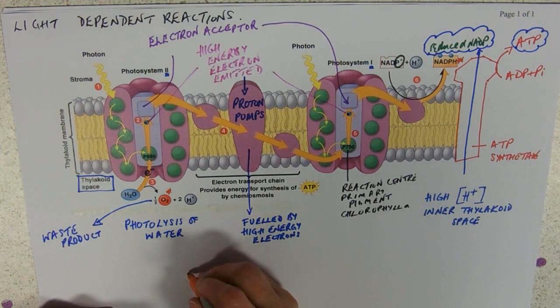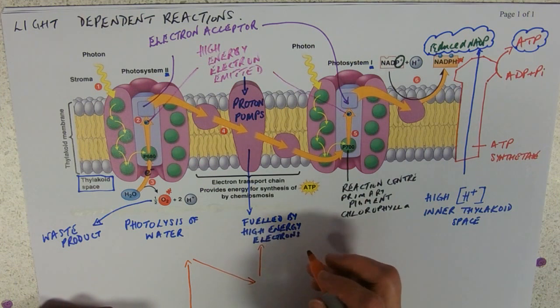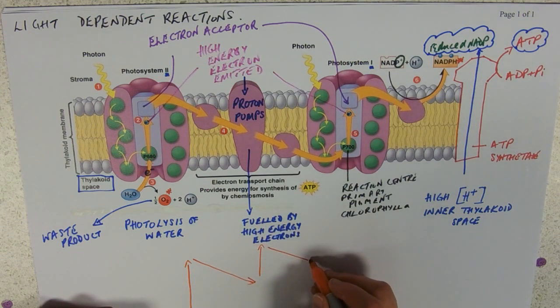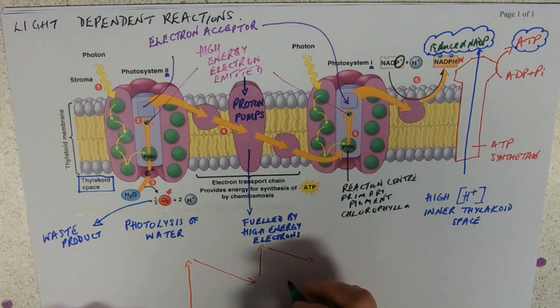So path of electrons, leaving photosystem II, passed along an electron transport chain to photosystem I, photosystem I, passed along to NADP. And you need to be able to recognise this from a diagram like this.